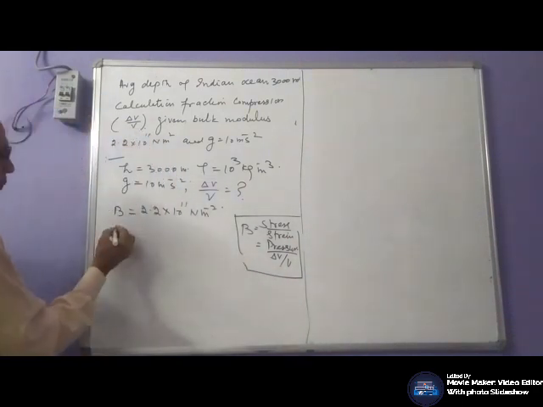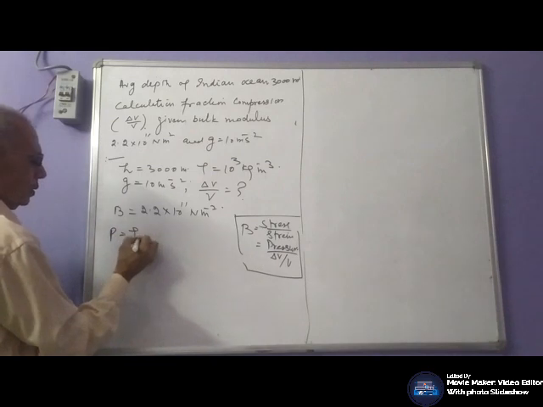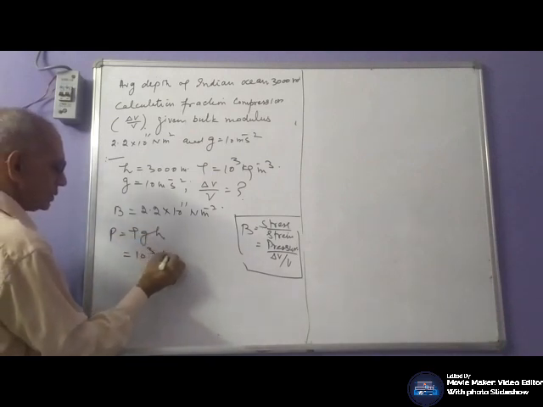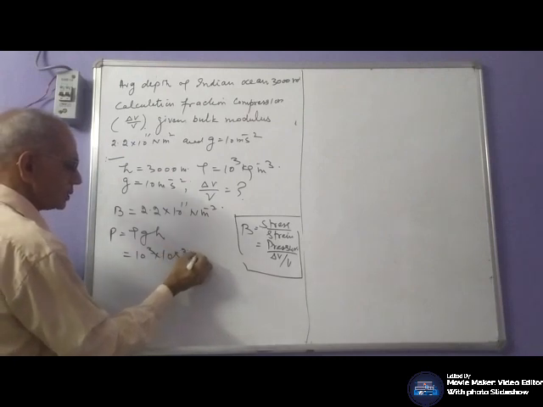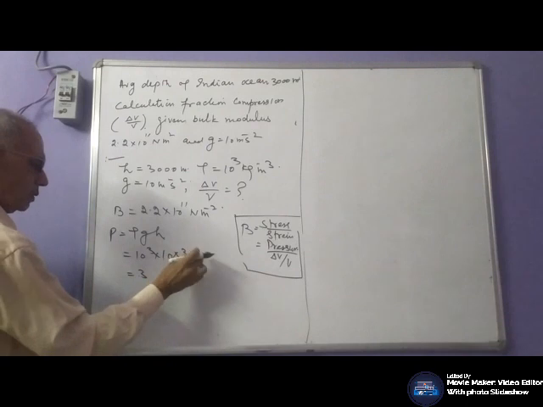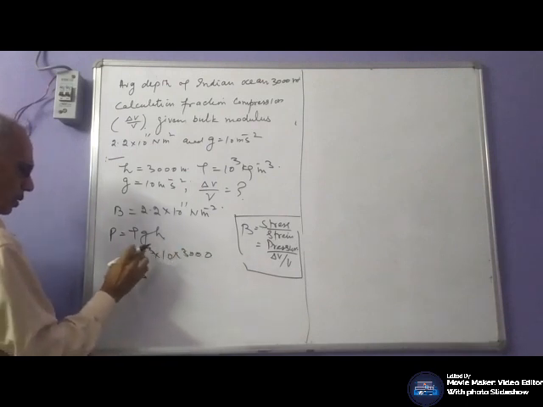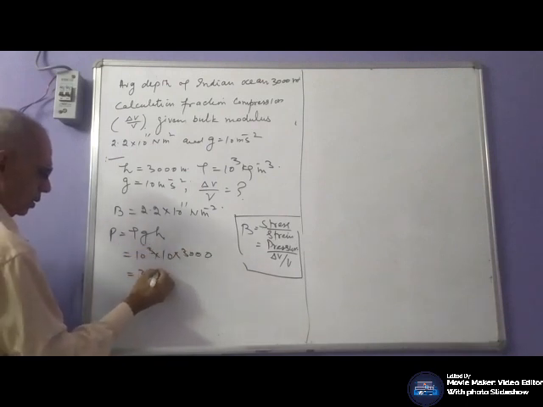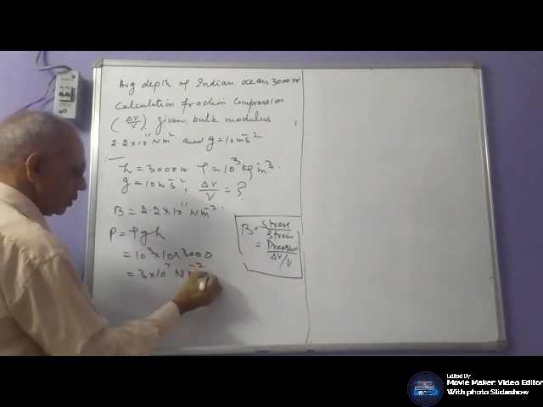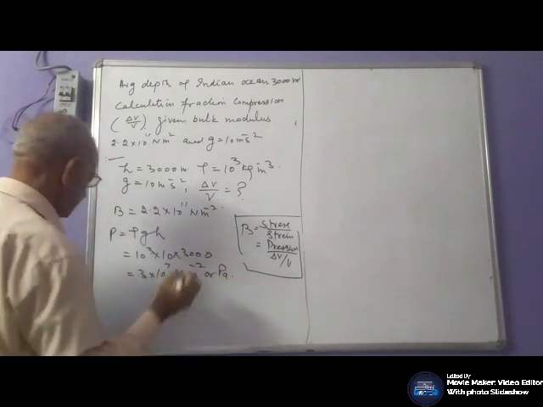So first find pressure. It is rho g h, which is 3 × 10^7 Newton per meter square or Pascal.